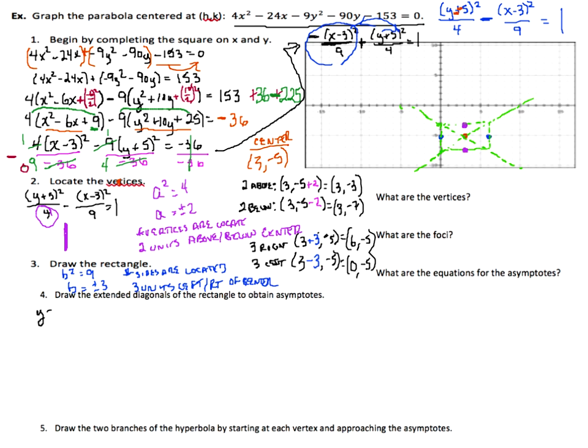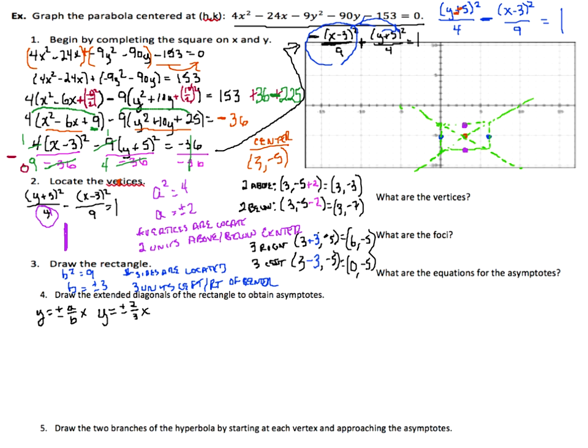I start out with the fact that the slope of those asymptotes is positive, negative, A over B. It's A over B because our transverse axis is vertical. So in this case, I have y equals positive or negative 2/3 x.